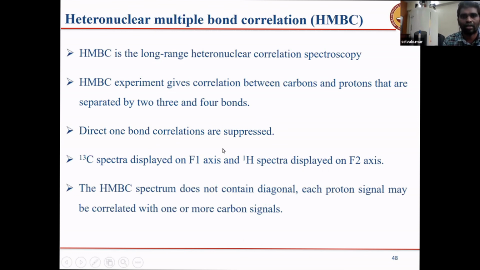Direct 1 bond correlations are suppressed. We cannot see the direct coupling. C13 spectra are displayed on the F1 axis and H1 spectra are displayed on the F2 axis. The HMBC spectrum does not contain a diagonal. Each proton signal can be correlated with 1 or more carbon signals.